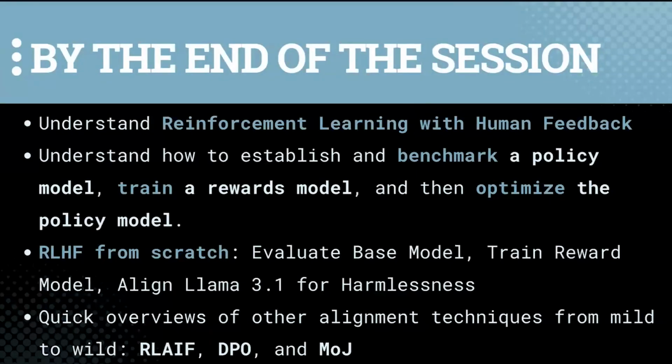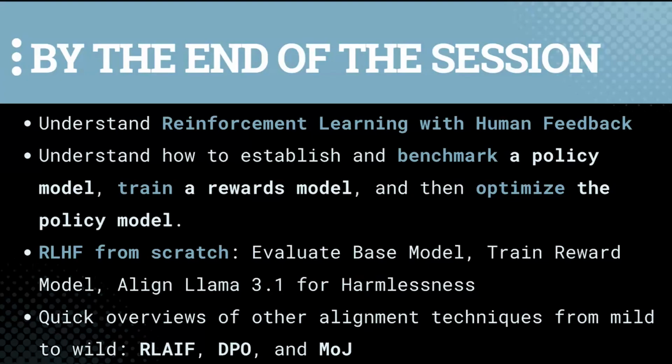We're going to understand how to benchmark a policy model. We'll learn what that is, train a rewards model, and then optimize the policy model using the rewards model. We're going to do this from scratch, and we'll do it with Llama 3.1 off the shelf.